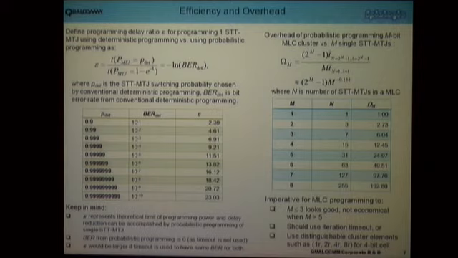The power and the time savings factor is 11 times. Also, once you use the timeout, as what's shown here, the maximum delay from probabilistic programming is no larger than deterministic programming. Okay, thank you.